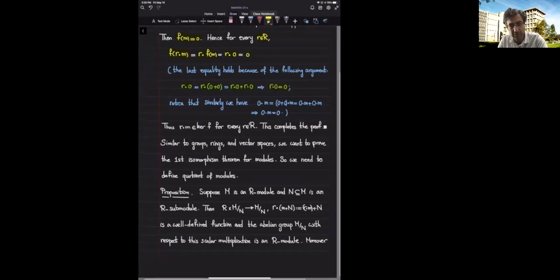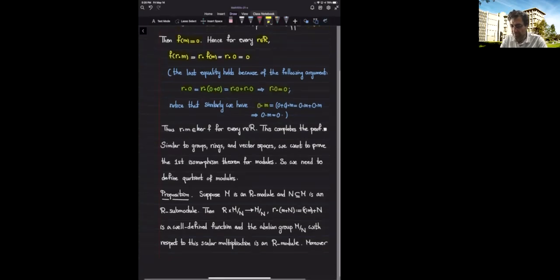Notice that similarly I can show 0 times anything is 0. So 0 times m is (0 plus 0) inside the ring this time, times m. Again, we use distribution, this time on the ring side, and we get that 0 times m plus 0 times m is 0 times m, and similar to the above argument, the fact that addition is a group allows us to do the cancellation, and we end up getting that 0 times m is also 0.